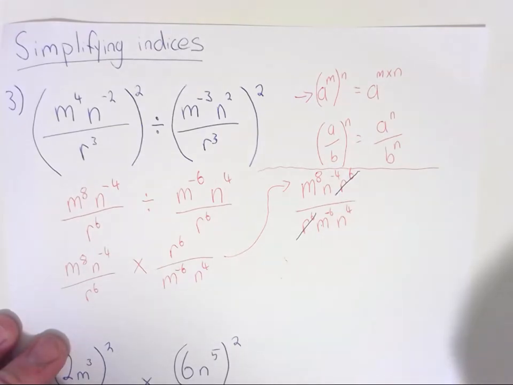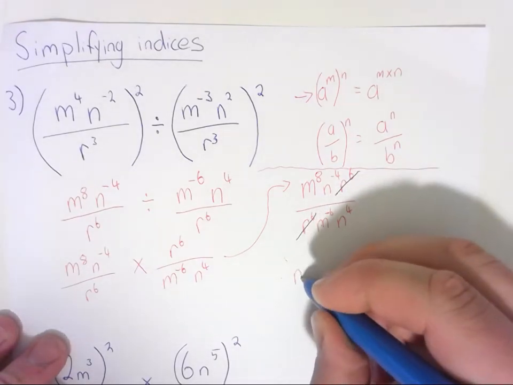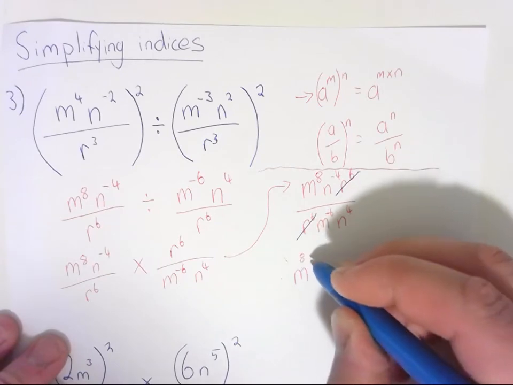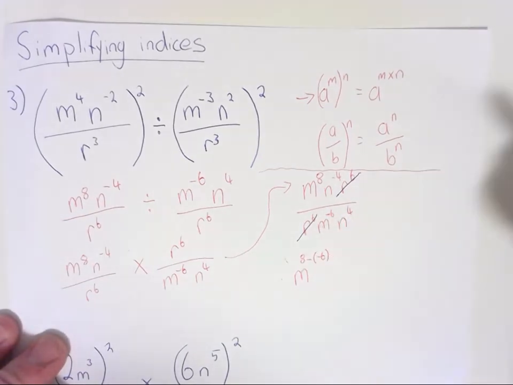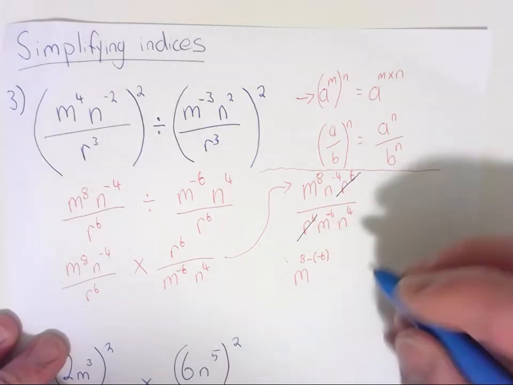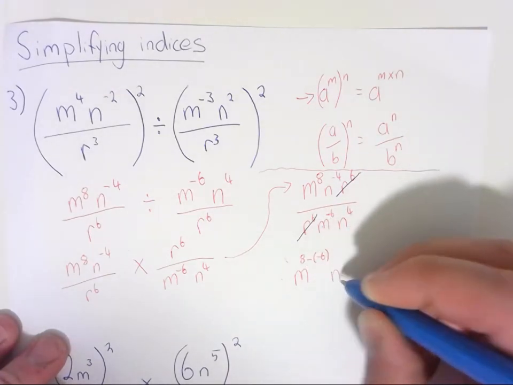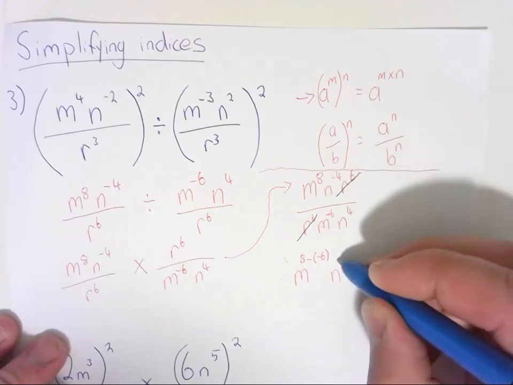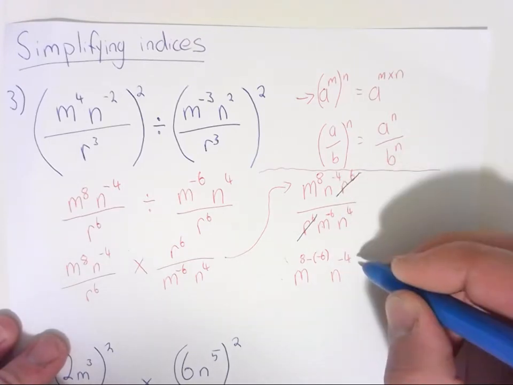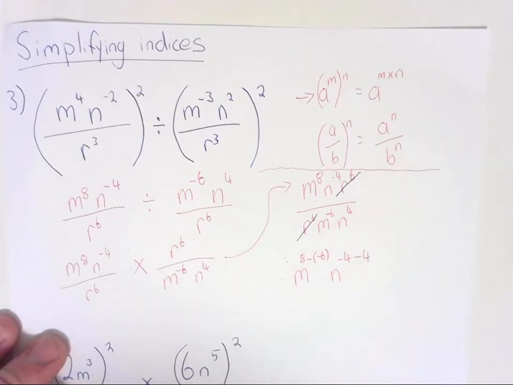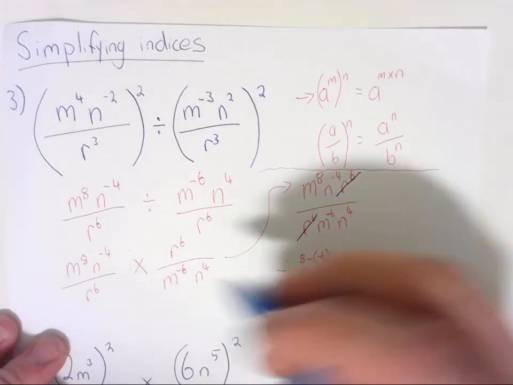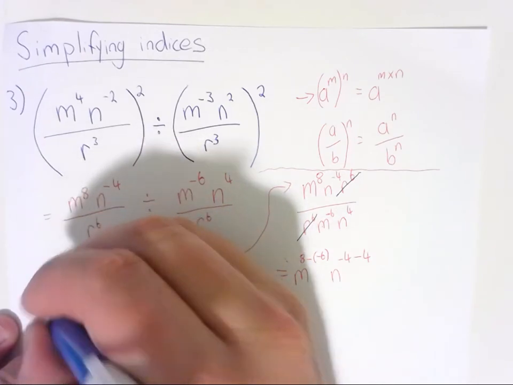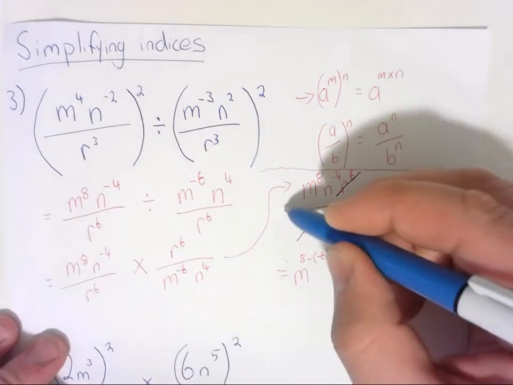Now remember, that is going to become m to the 8 subtract negative 6, because these two are being divided, so that we subtract the powers, times by n, we have negative 4, subtract 4, like that. Now that is going to combine all that into sort of one line.